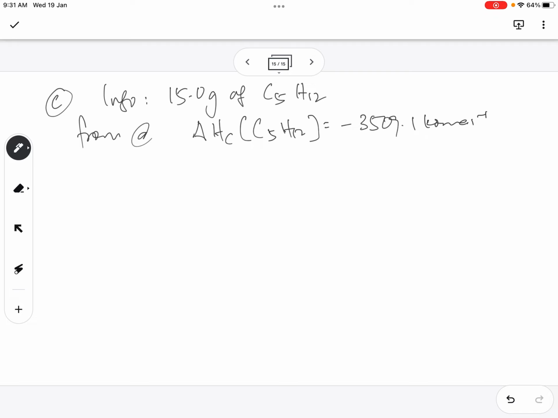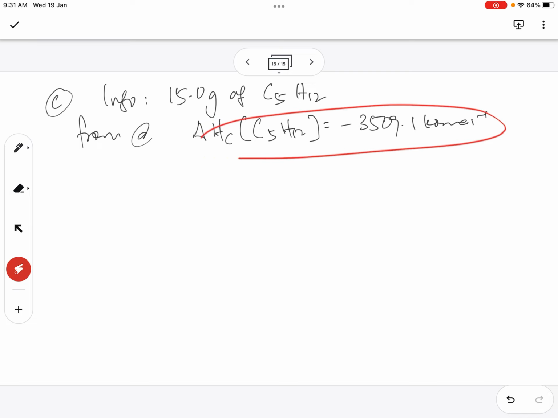Okay, so a few things we have to take note here. Minus menunjukkan ini adalah combustion adalah satu exothermic lah. So negative here, not for the value. Negative shows enthalpy of combustion is an exothermic reaction.